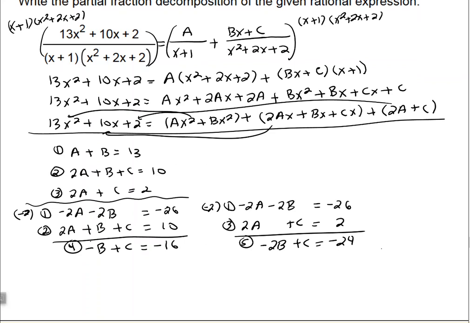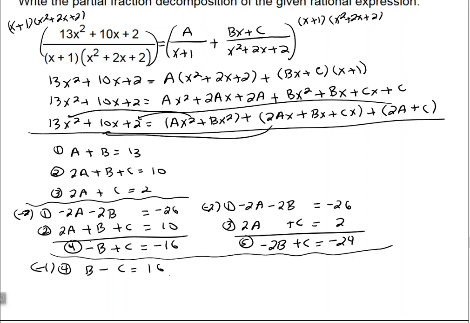Okay, so now we need to find the values of b and c by combining equations 4 and 5. So let's eliminate, really doesn't matter. Let's eliminate b. So I will, no, I think it'll be easier to eliminate c. So let's multiply equation 4 by negative 1 since equations 4 and 5 both have positive 1c, to eliminate the c variable.